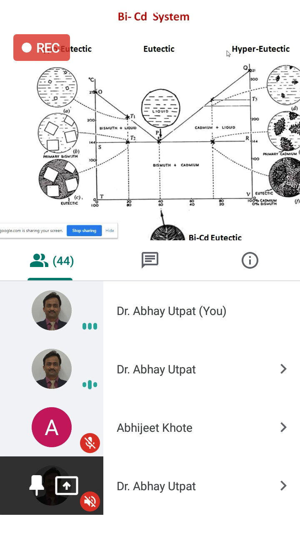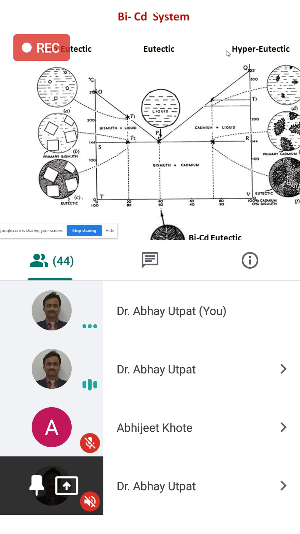Explain eutectic system phase diagram and explain solidification of hypoeutectic alloy, or solidification of eutectic alloy, or solidification of hypereutectic alloy. Or it may not be asked specifically. They may say explain the phase diagram.